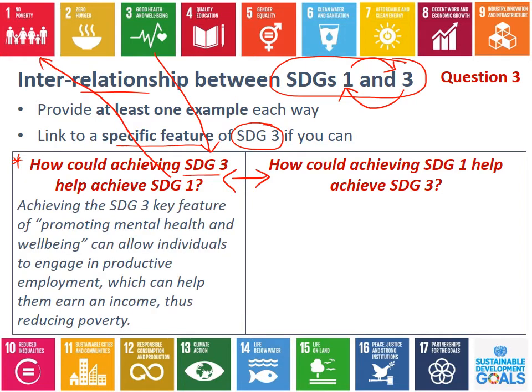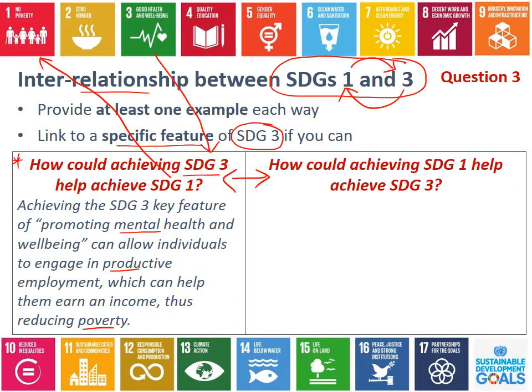So you could write that achieving the SDG 3 key feature of promoting mental health and well-being can allow individuals to engage in productive employment, which helps them to earn an income and reduces poverty. Okay, so that's how mental health can reduce poverty.